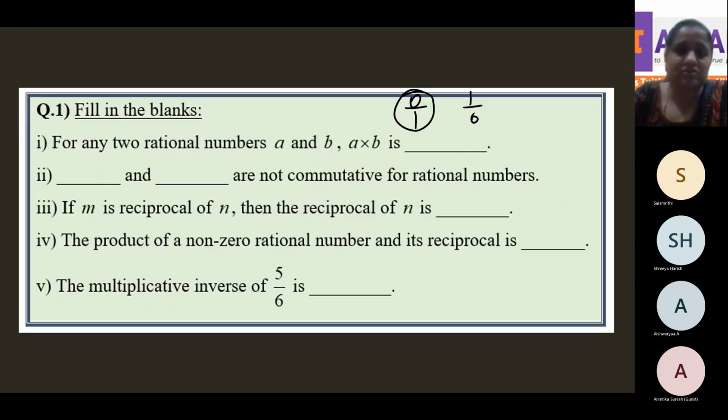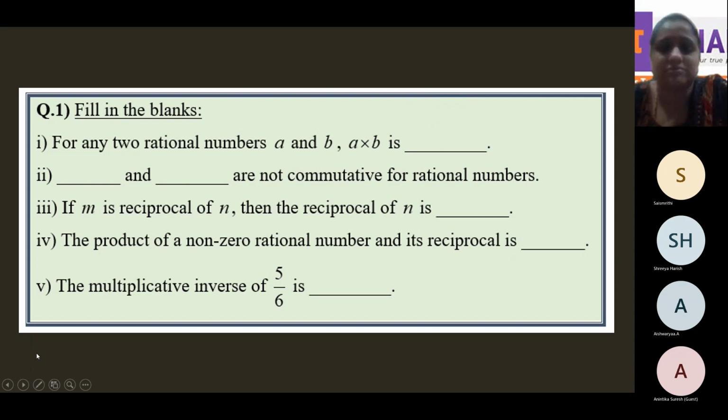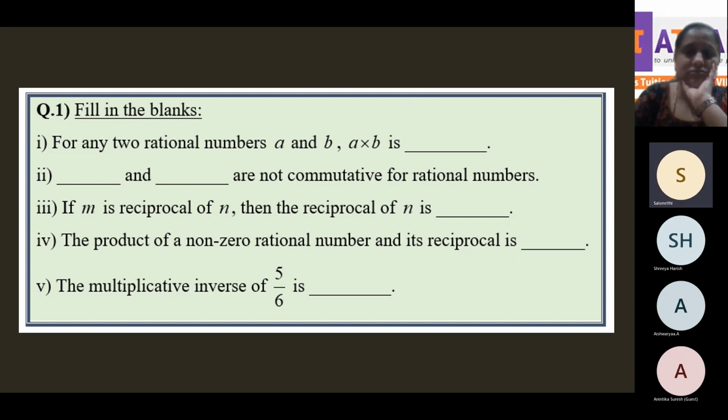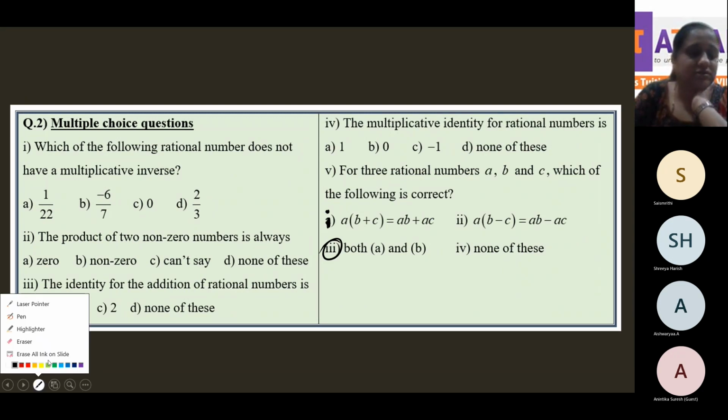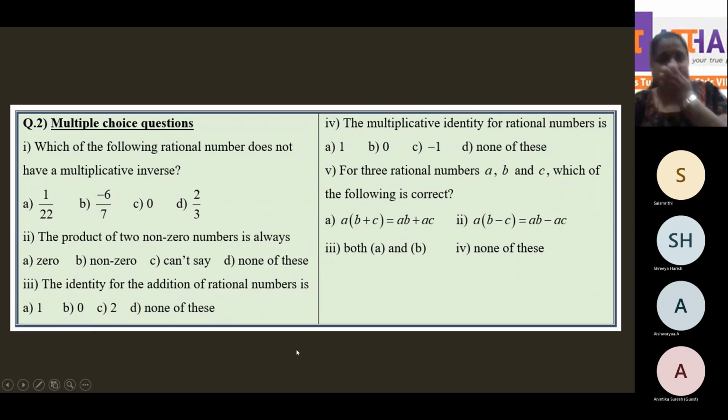So you need to complete all this also in your book. Take a screenshot. Let me just clear this annotation. Please wait. Take a picture, children. Done, children?